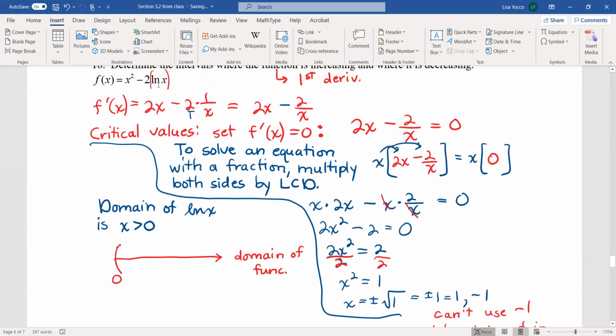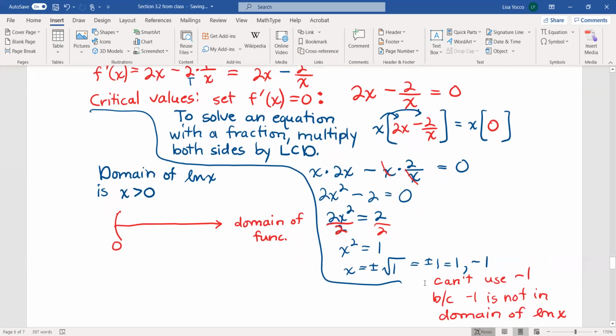Because that original function has ln of x in it, we can only use positive numbers. So although negative 1 was a critical number, we can't use it. Therefore, the only critical value that I can use is 1.